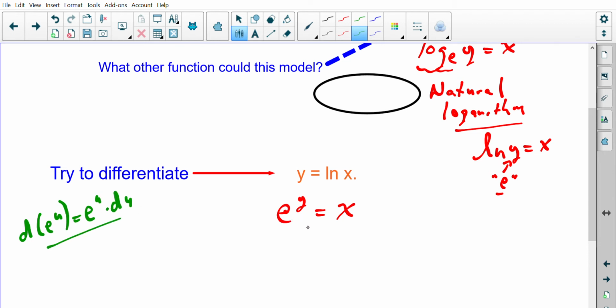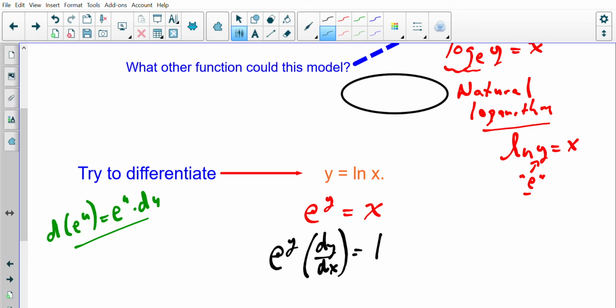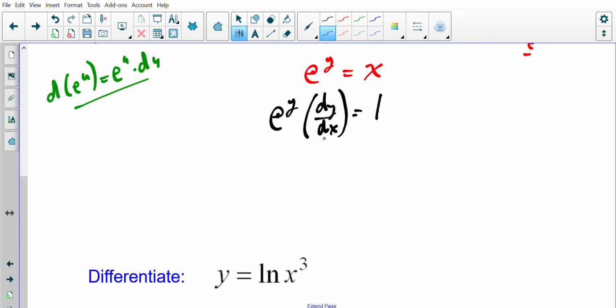So this is going to be an implicit derivative. The derivative of e to the u is e to the u multiplied by the derivative of u. The derivative of my exponent would be dy/dx, because it's the letter y. The derivative of the letter x would just be a 1. That tells me then that dy/dx is 1 over e to the y.